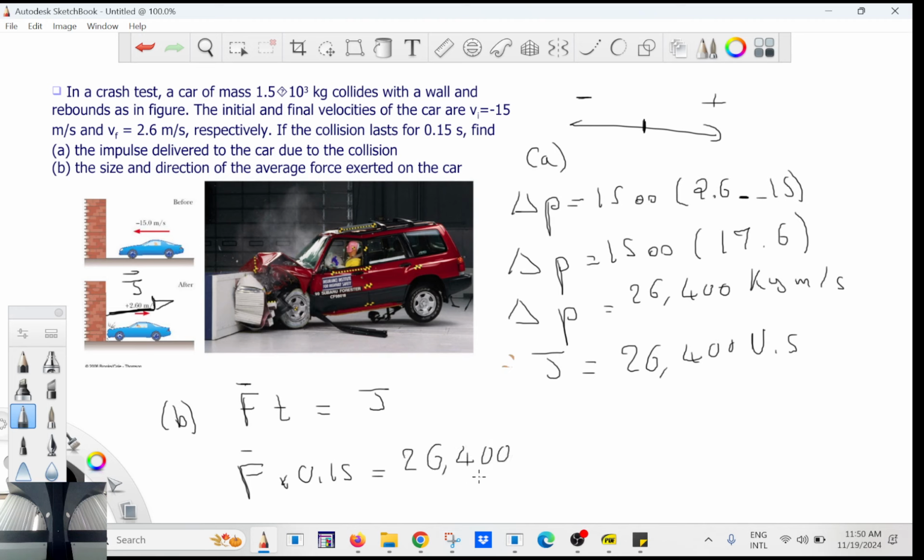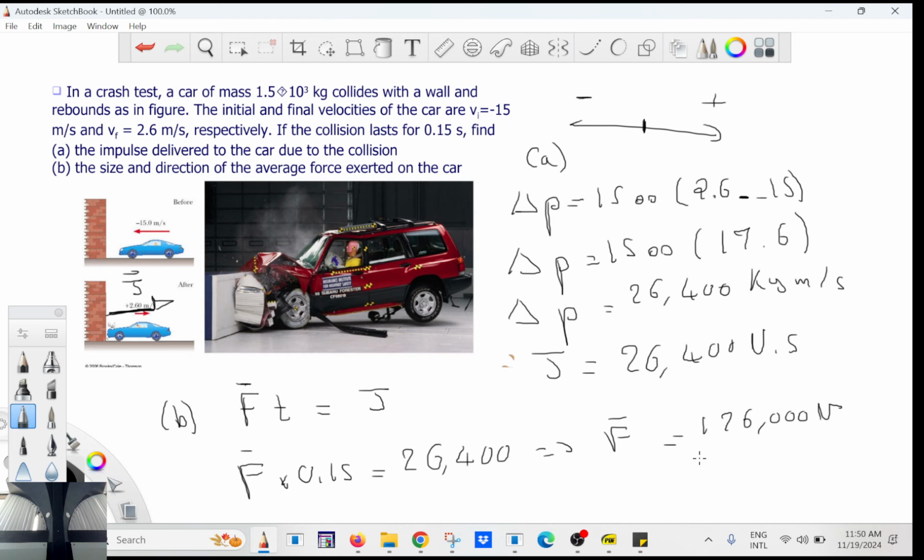For the same change in momentum, if you decrease the time of impact, you're going to increase the force. So the average force will be, you divide by 0.15, which is 176,000 Newton. It's huge, so you divide by 5 and you get it in pounds. That's very bad.